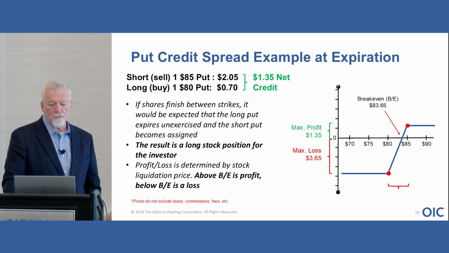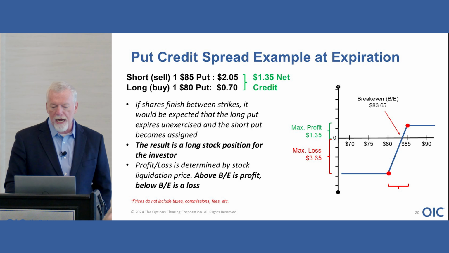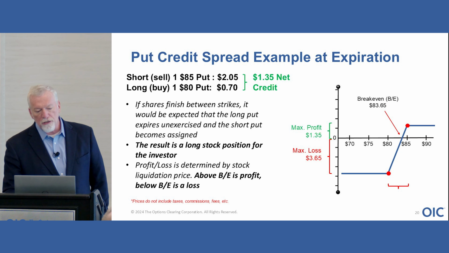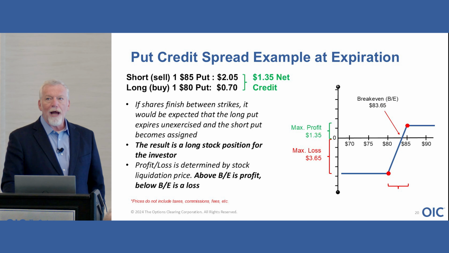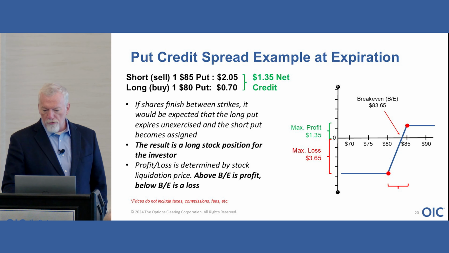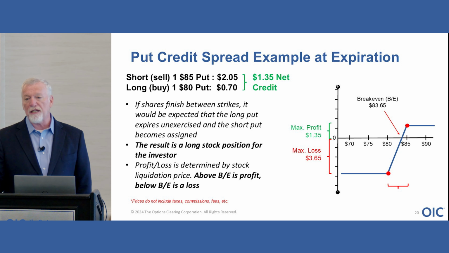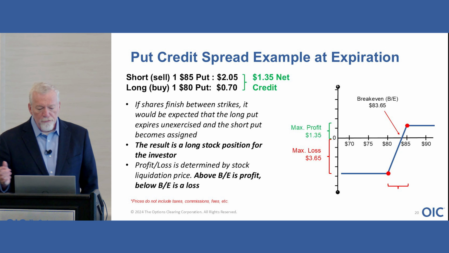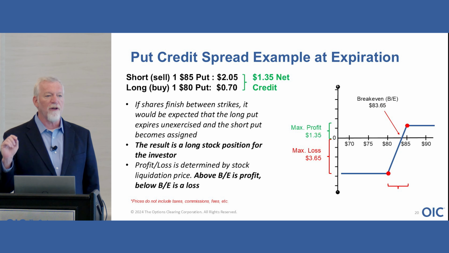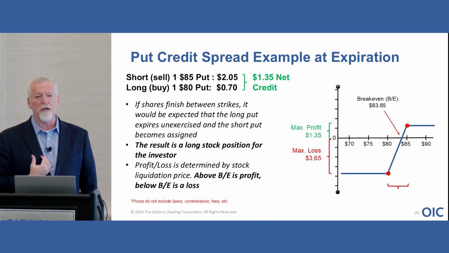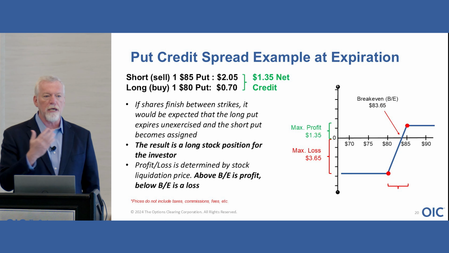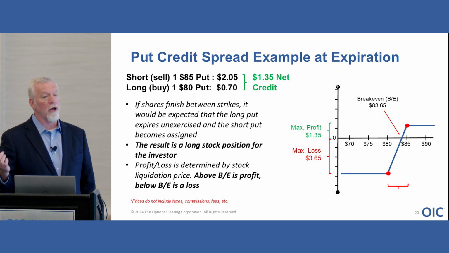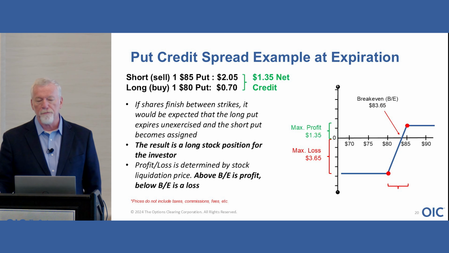If shares finish between our strikes, between the 80 and 85, this gets a little trickier, right? Let's say we've got 80 and 85, and stock finishes at 82.5, right in between. The short 85 strike put that I sold, somebody's going to force me to buy those shares for $85. They're trading at 82.5 in the market, so I lost $2.50 on that stock.